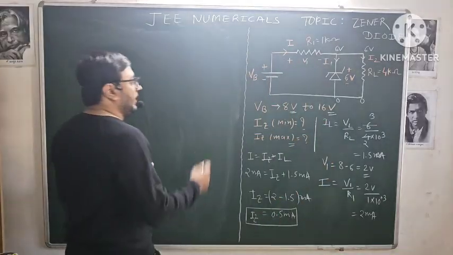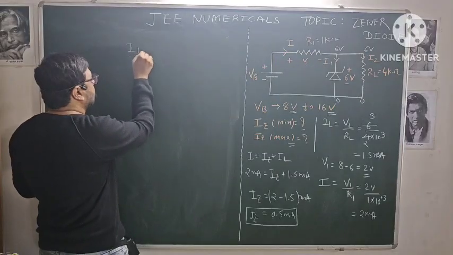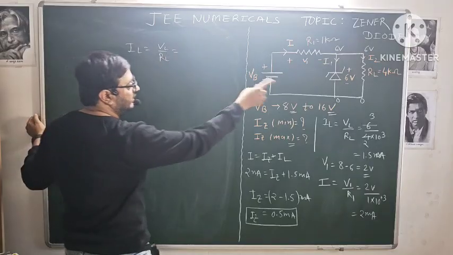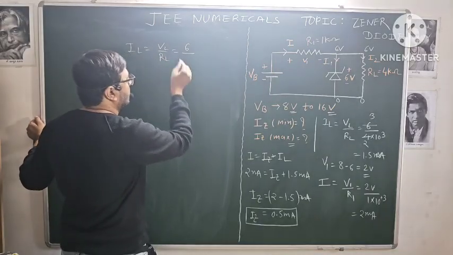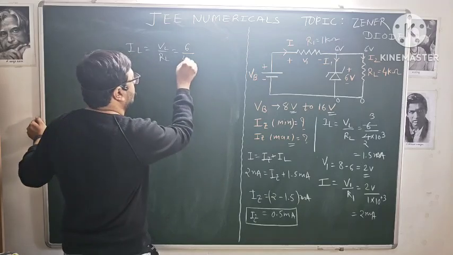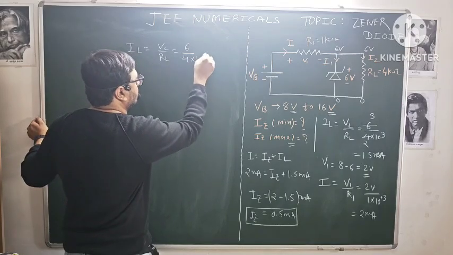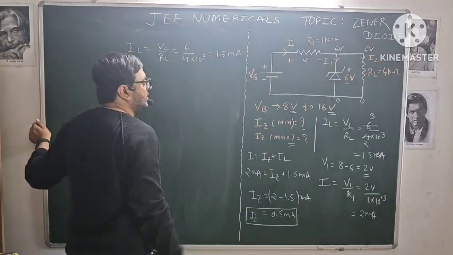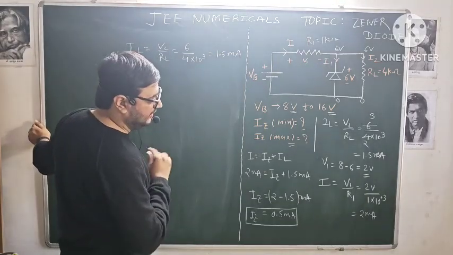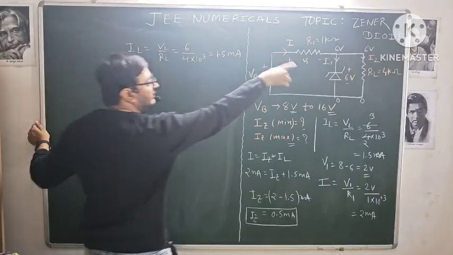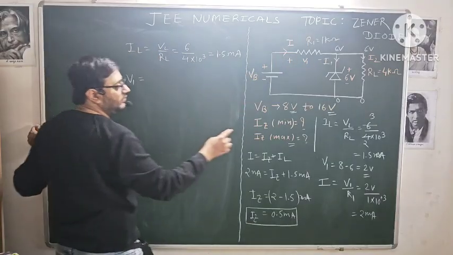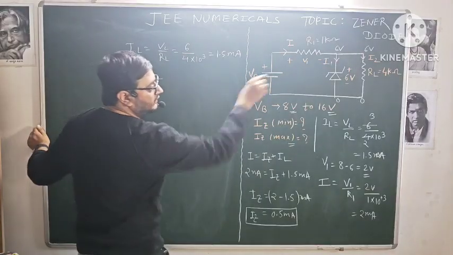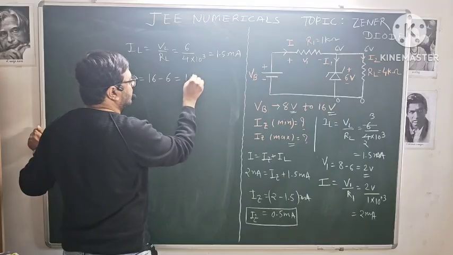Again IL is VL upon RL, where VL is 6 volt and RL is 4 kilo ohm, so again the answer is 1.5 milliampere. But here the voltage across this resistor will be different, since we apply 16 volt. So 16 minus 6 volt, the answer is 10 volt.